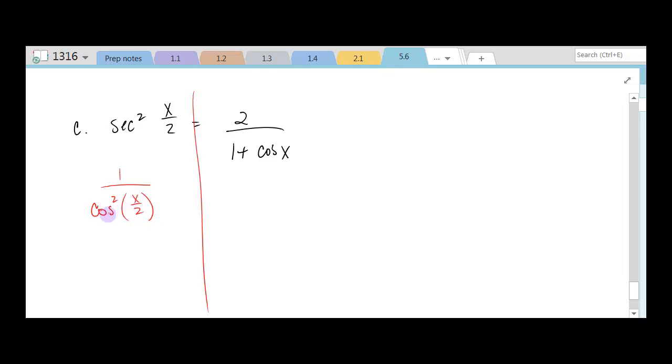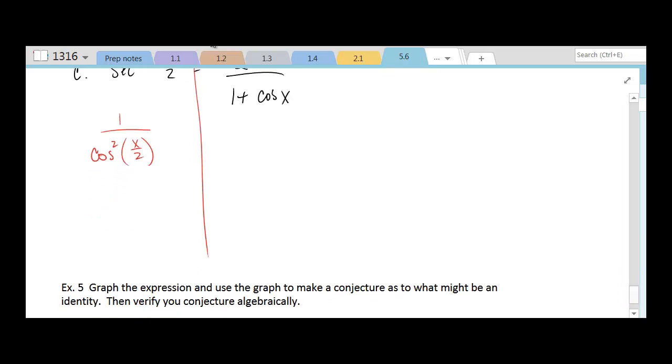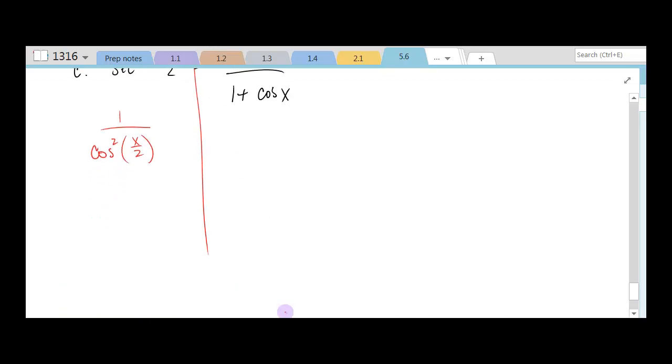Now I can rewrite the denominator using the half angle identity, which says 1 over, remember the half angle identity for cosine is 1 plus the cosine of x divided by 2, but we have to square it, which is good because it's going to get rid of our radical for us.